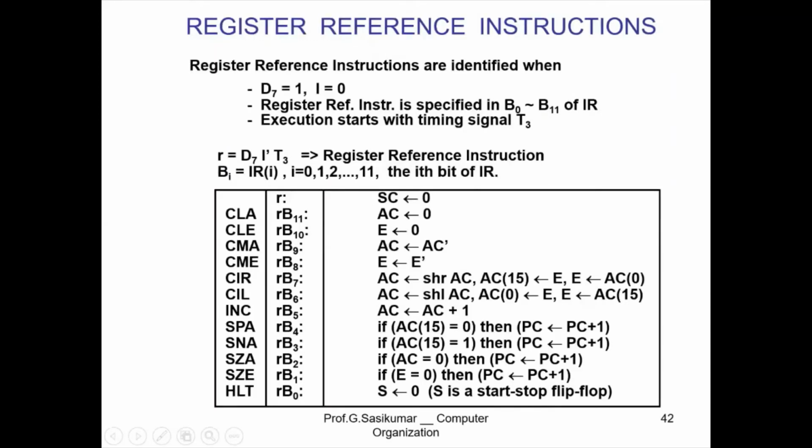Another part of the basic computer, as everybody knows, is the register reference instruction. Registers also have references for how the data should be executed, everything in binary form. Assume that halt is initiated; the register will understand it and initiate 0 to stop all the flip-flops, and the computer will be shut down.